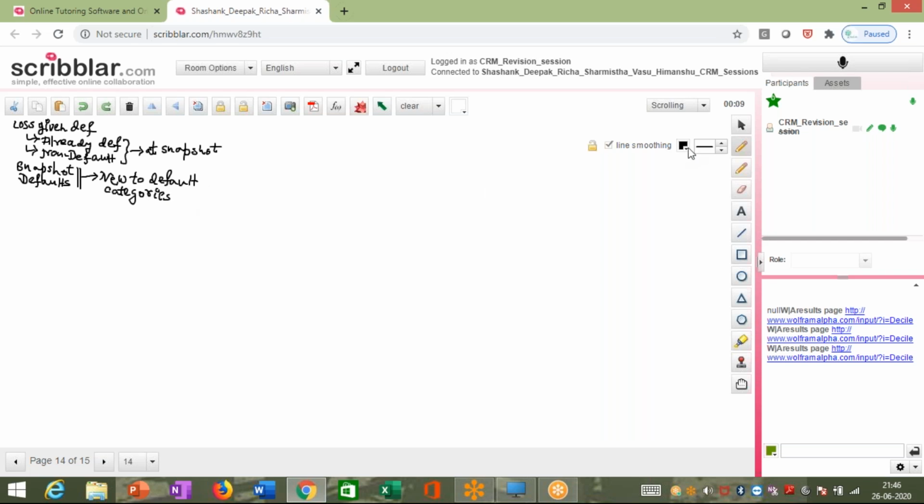For new to default categories, what are the types of accounts which are chosen? Monthly snapshot defaults. All the respective monthly snapshot defaults are chosen and appended together to form this base.